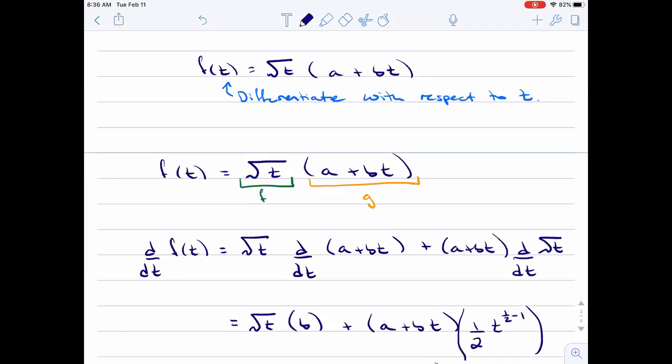So sometimes, instead of just jumping in and saying, okay, that's the product of two functions, great, product rule, what you want to ask yourself is, can I rewrite this to get a polynomial, or something at least that's easier to deal with?